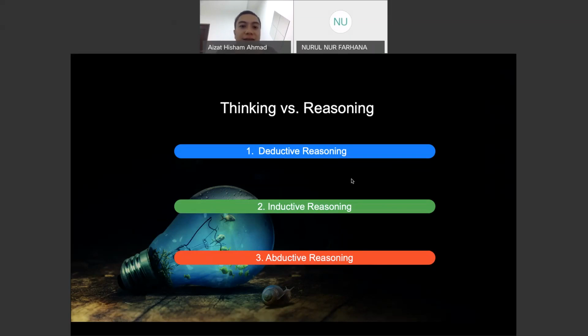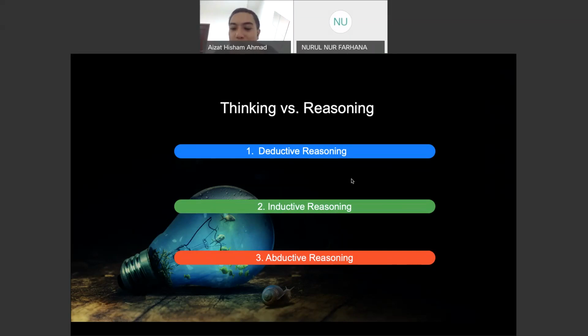Not that deductive and inductive do not have similar concepts. However, deductive and inductive are more factual basis, but abductive is more about your opinion or guessing, which can be both true or untrue.